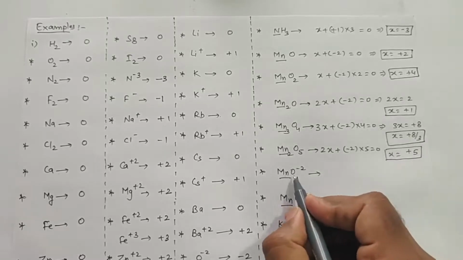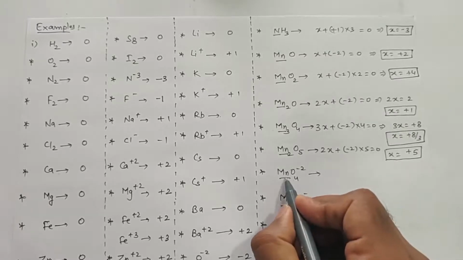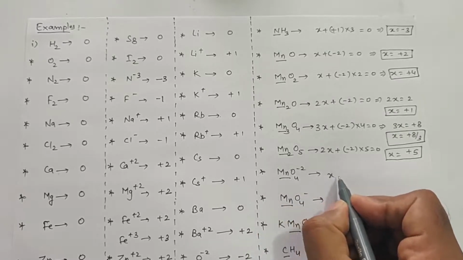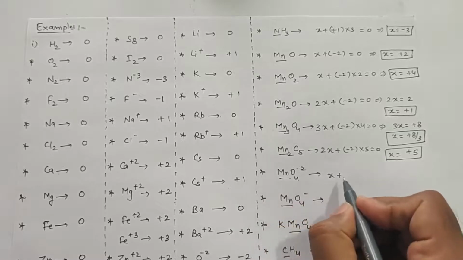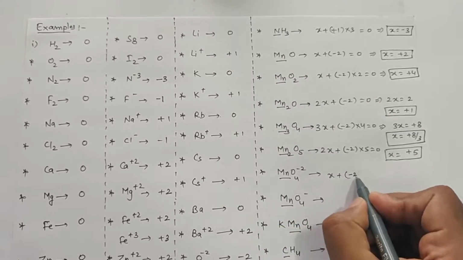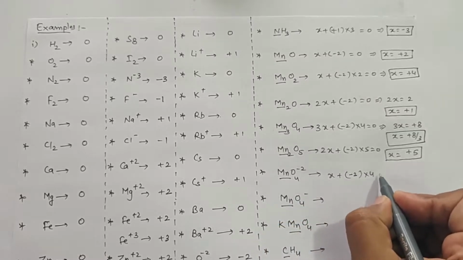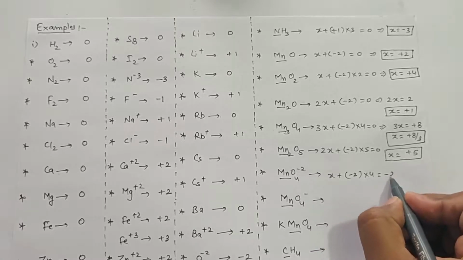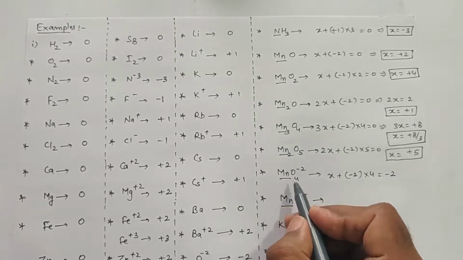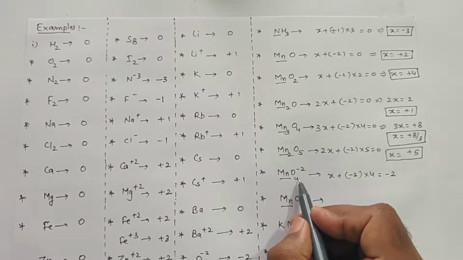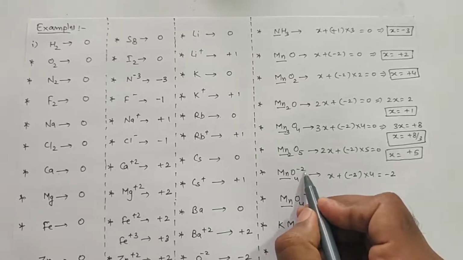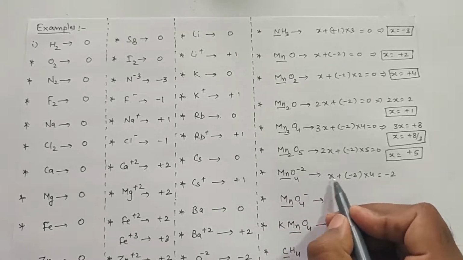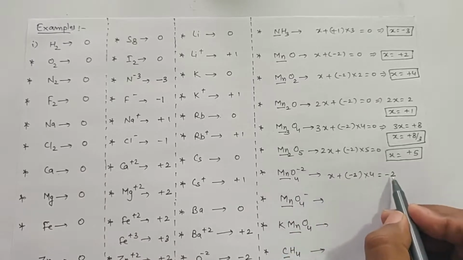In case of MnO4 minus 2, there is one manganese atom x plus there are total 4 oxygen atoms, each will contribute minus 2, so plus 4 times minus 2 equals minus 2. In case of ions, the algebraic sum of oxidation numbers equals the charge present on the ion. So x plus minus 2 into 4 equals minus 2.